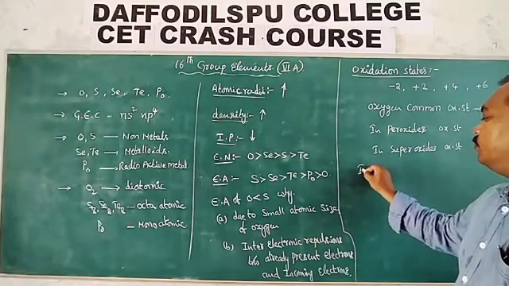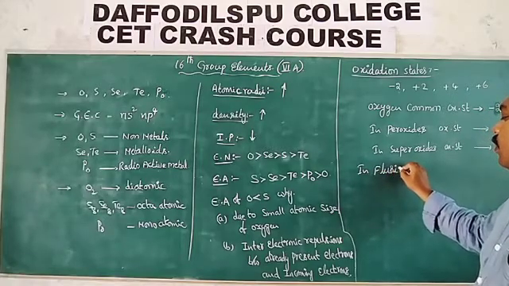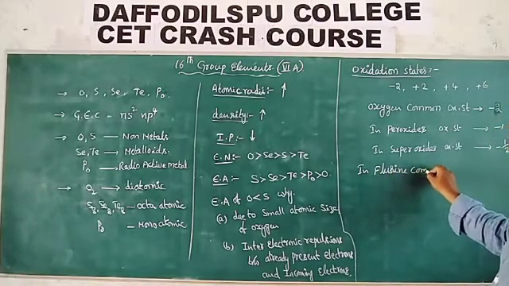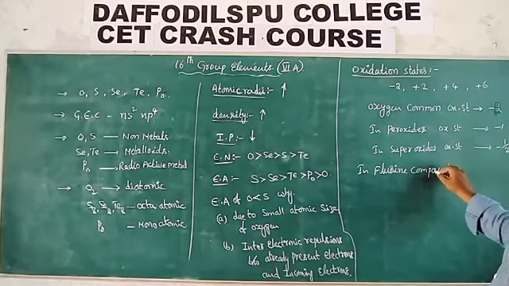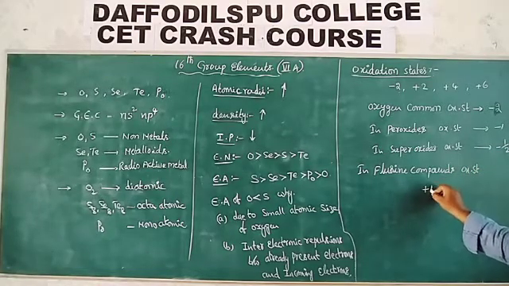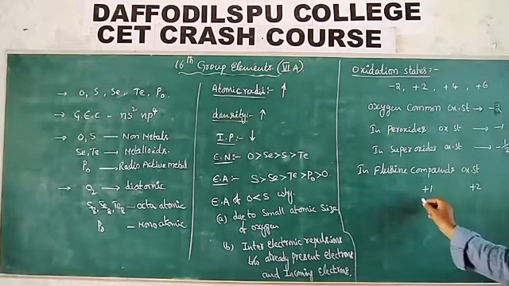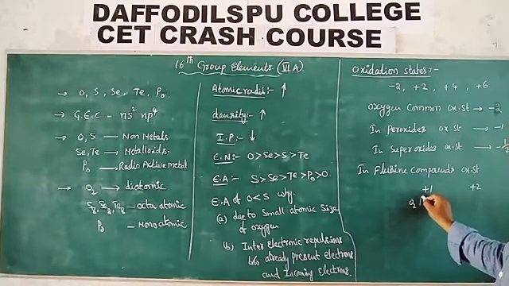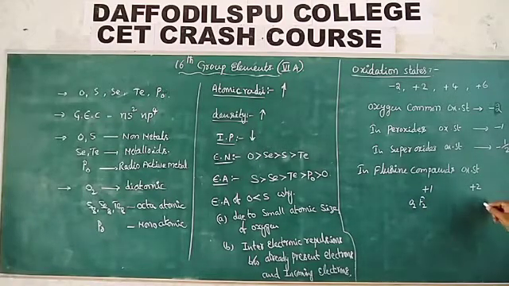In fluorine compounds, the oxidation states are either +1 or +2. In O2F2, the oxidation state is +1.